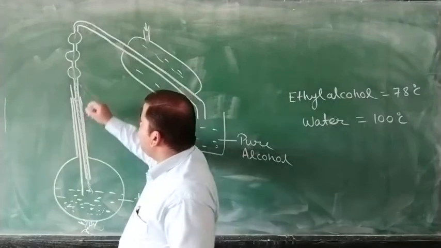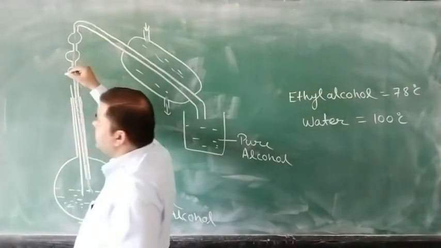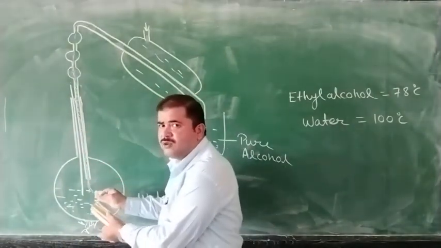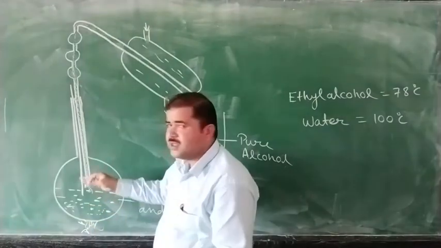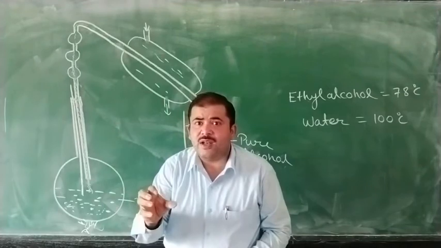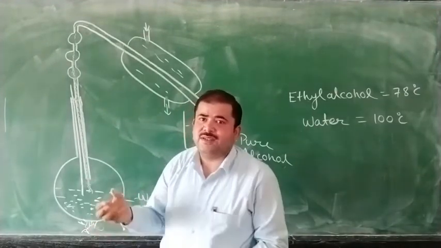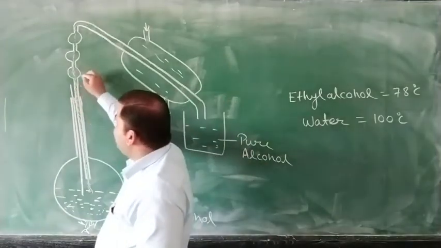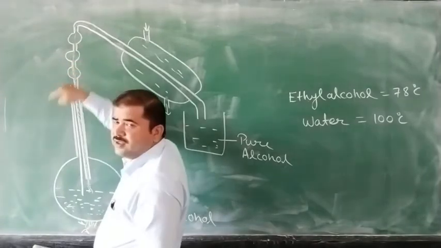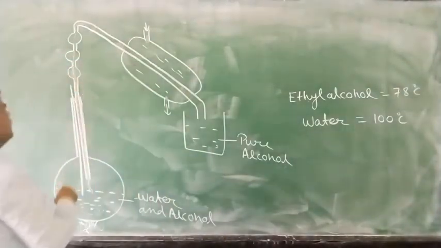So the alcohol will pass into vapor form, and the other impurities, which are non-volatile substances, will settle down in this column. This is very helpful for getting the pure component.